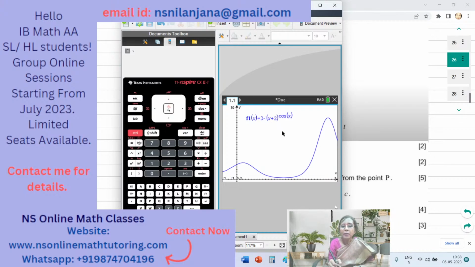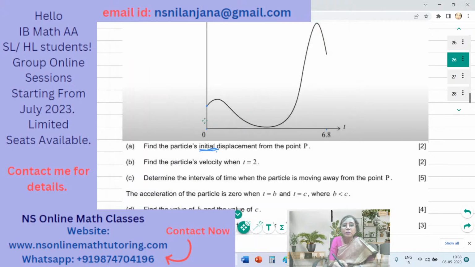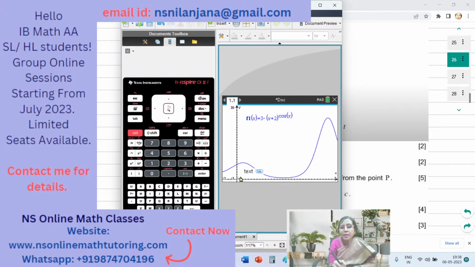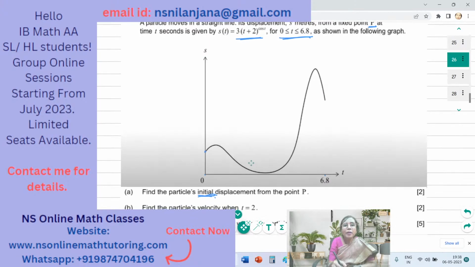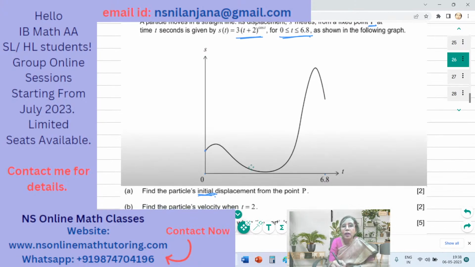Okay. And what is the thing? Find the particle's initial displacement from the point P. Okay. So over here you can see it is 1, 2, 4, 5, and 6. But this is a graph, but this can be found from the expression as well. I think so. Let us try.